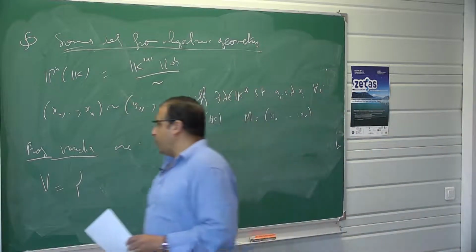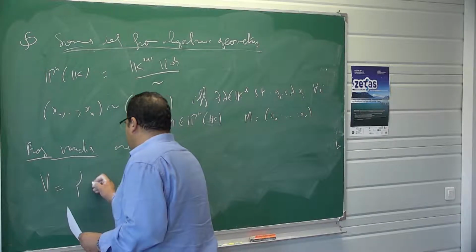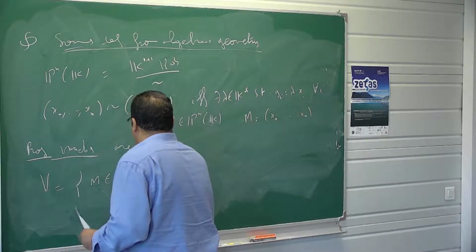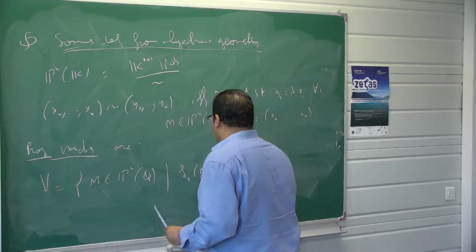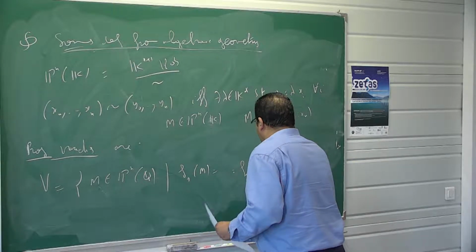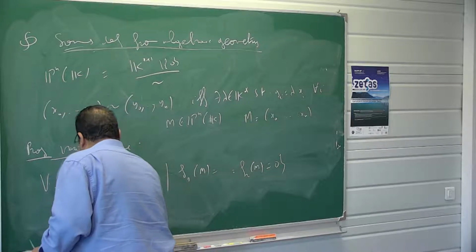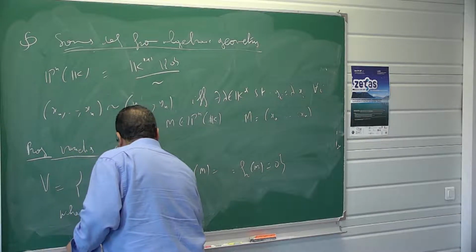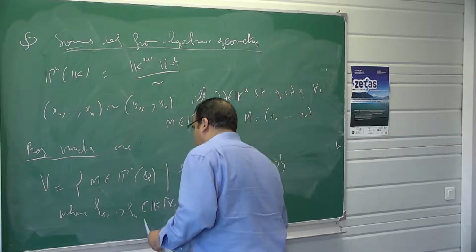So projective varieties are defined as the set of points in some projective space P^n(K) such that, for example, F_1 = ... = F_r = 0, where F_1, ..., F_r are some homogeneous polynomials.